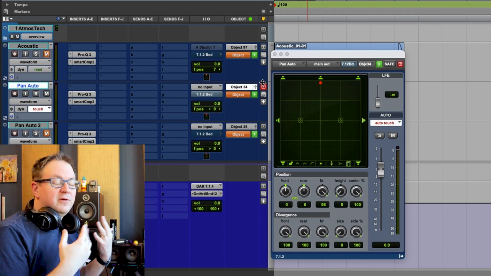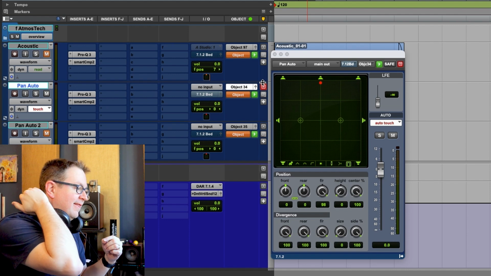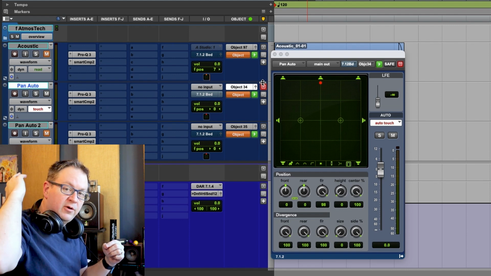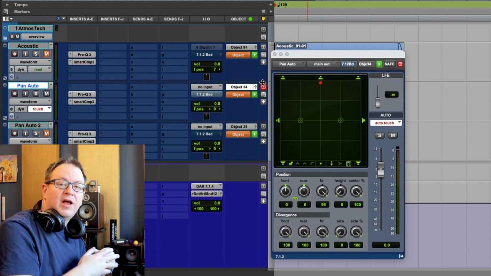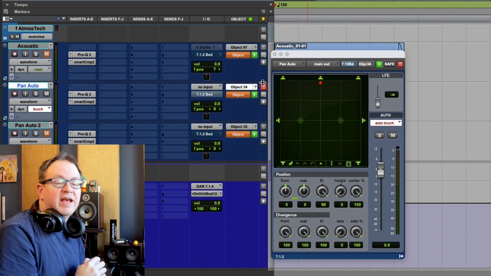So I don't know about you, but for me, again, when I can see the panner, that final move where it goes from the back to the front is a lot more apparent to me when I can actually see it. So what's the big takeaway?